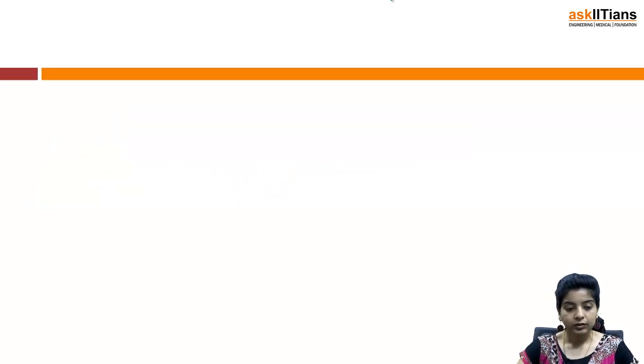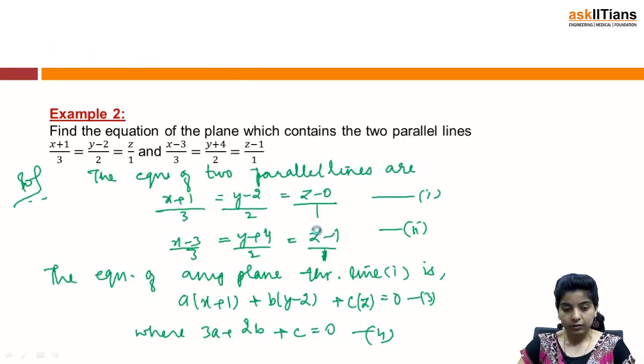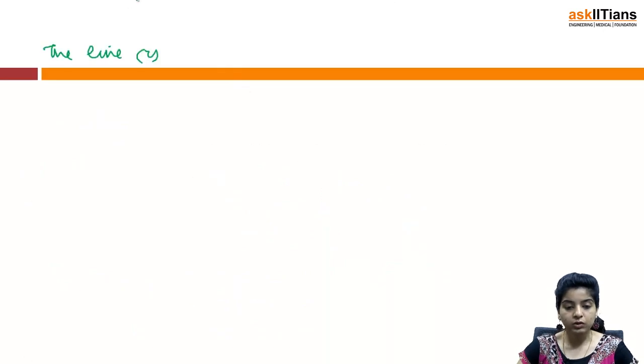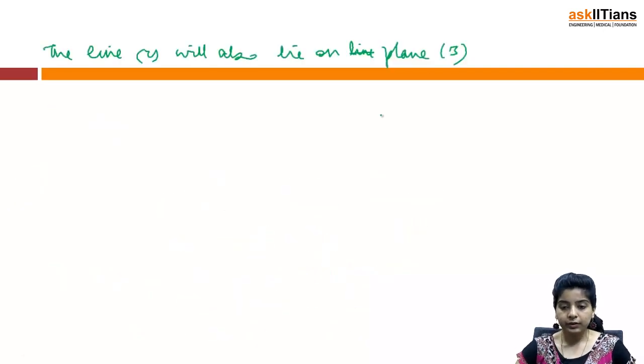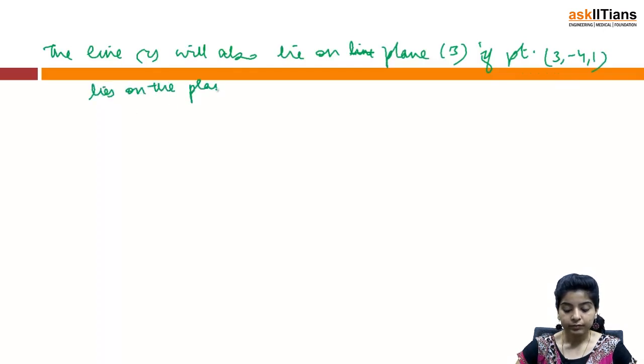And line 2 will also lie on plane 3, provided the point that we have, 3 minus 4 1, lies on plane 3.